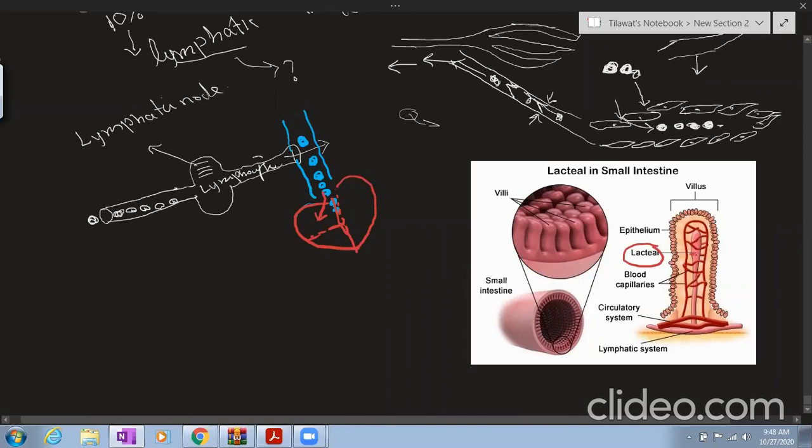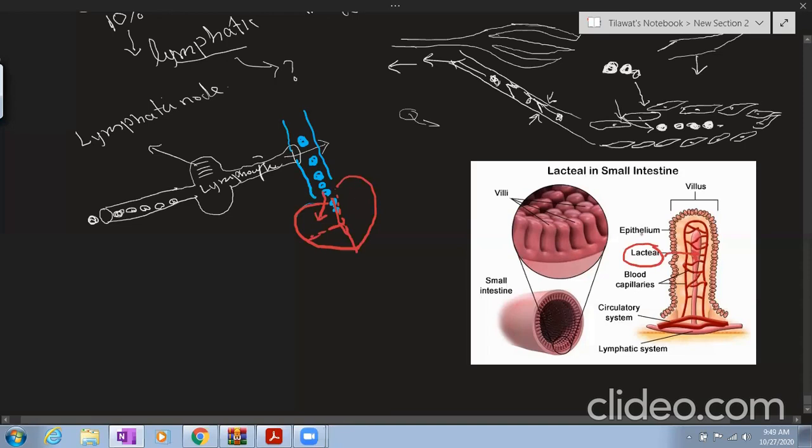Because it is difficult for fats to enter your blood capillaries because of the small pore size, the lacteal capillary absorbs large fats from your small intestine, and then they mix with your blood through the lymphatic system. A lacteal is actually a lymphatic capillary.